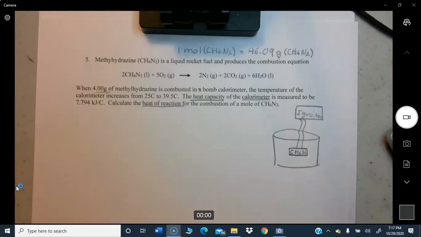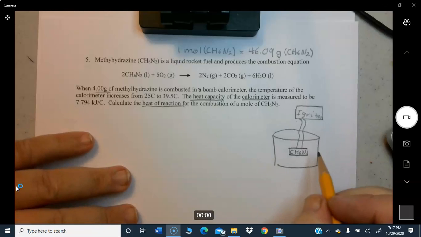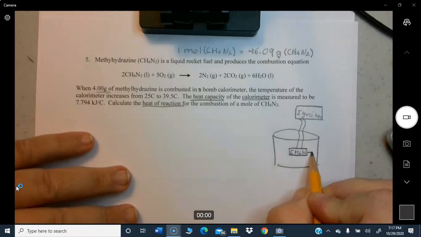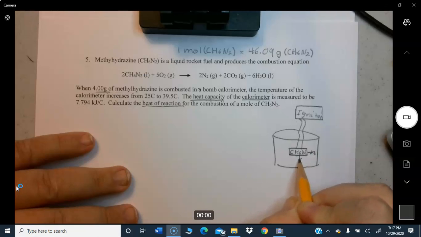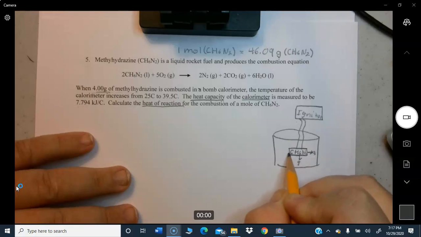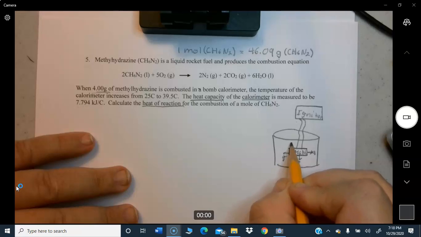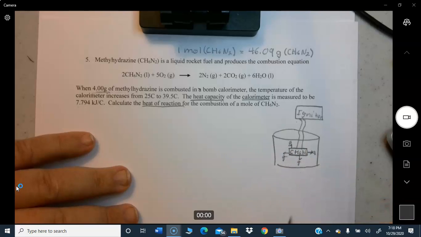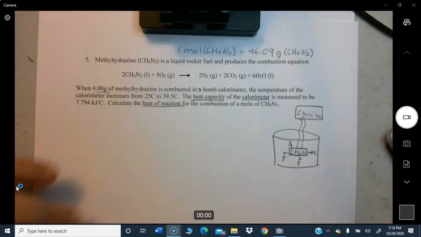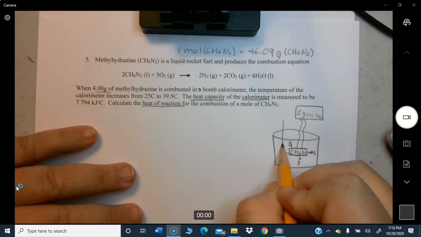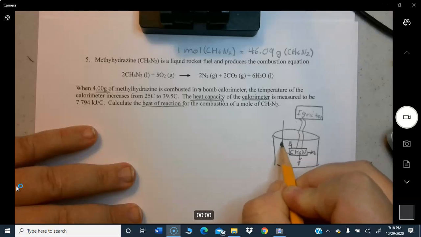And then after that takes place, it acts very much like a coffee cup calorimetry. You have heat coming out in all directions. And eventually that heat is going to spread out throughout the water and make the water all the same temperature. So for temperature, we need a thermometer here, so there's our thermometer.